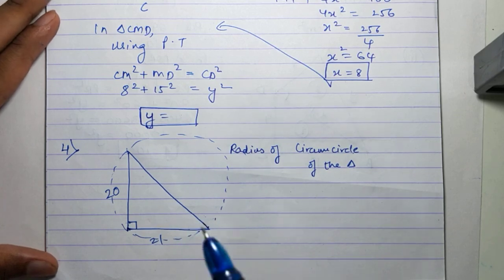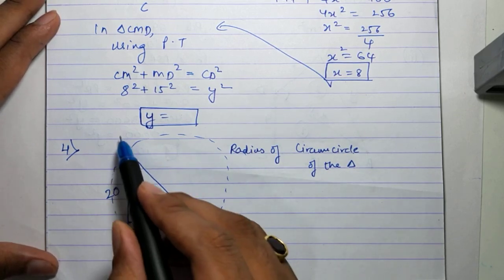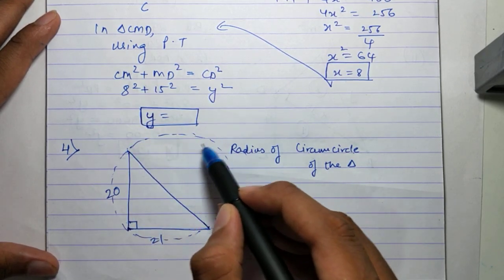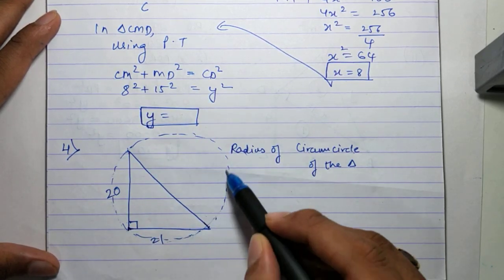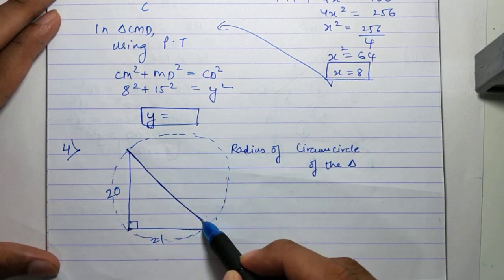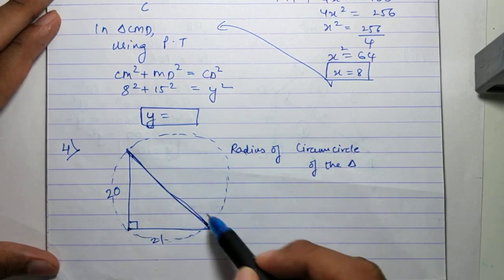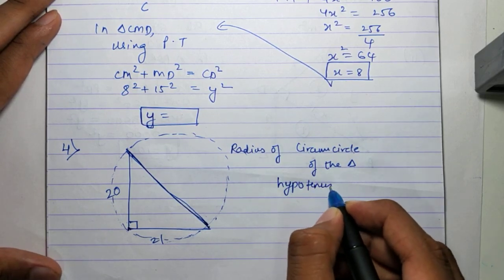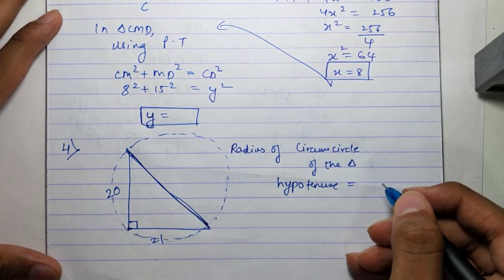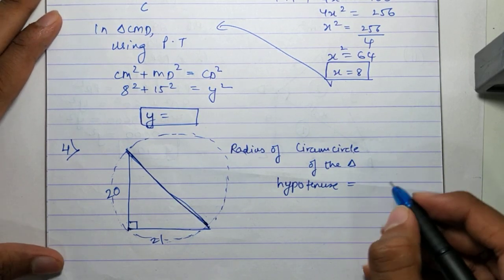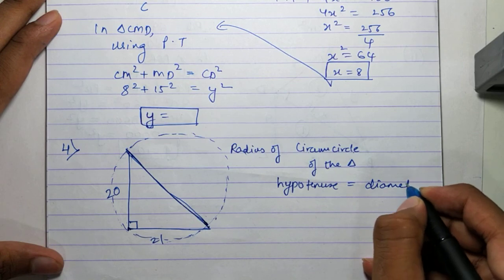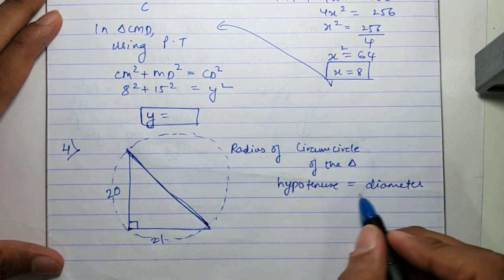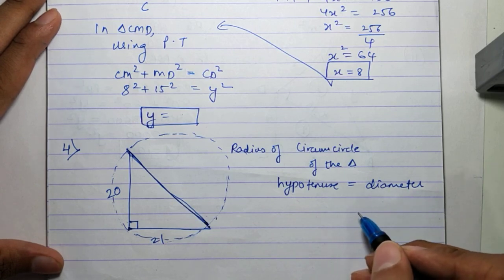Okay, so always understand that in a right angle triangle, if you draw a circumcircle on the right angle triangle, like I have drawn one, this hypotenuse of this right angle triangle is nothing but the diameter of the circle.